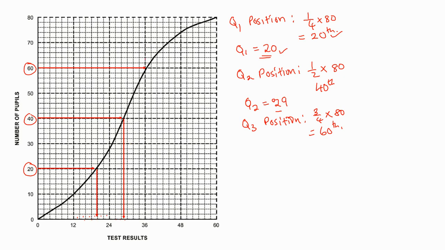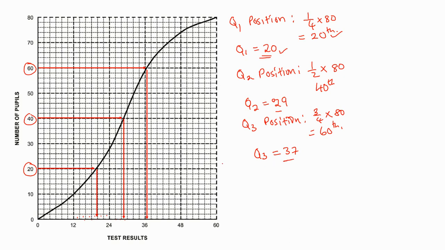And then we get our, what is this? Almost between 36 and 38. So roughly 37 there. Okay. So it means Q3 is equal to 37. Okay. Out of 60.